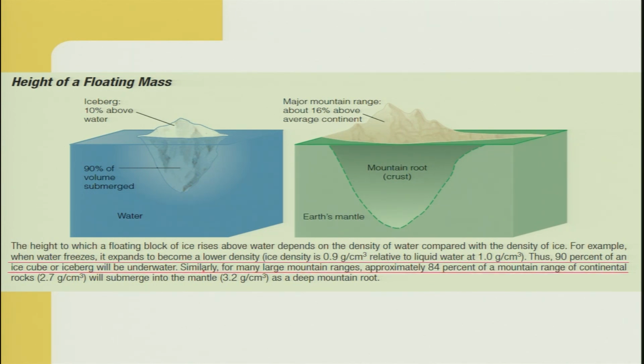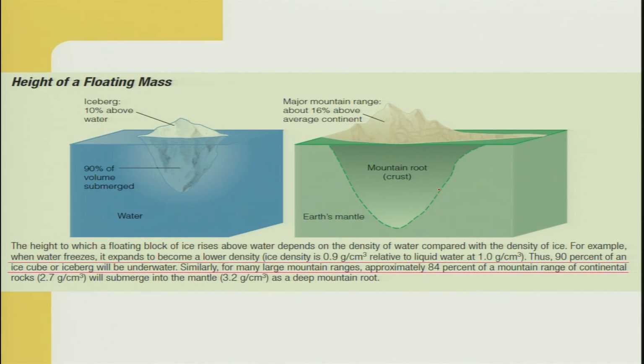Similar to the iceberg, approximately 80 to 84% of the mountain range of the continent, with rocks of density around 2.7, will submerge in the mantle. The mantle density is higher, and it will have the deeper roots.